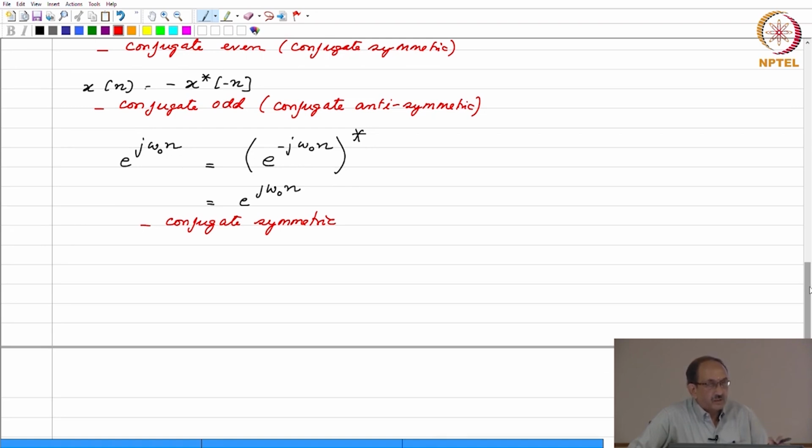And let me take a simple example that is familiar to you and then point out a difference that you need to pay attention to when it comes to continuous time versus discrete time. So suppose let us consider x of n to be this signal.